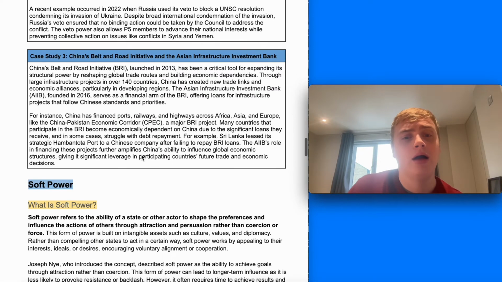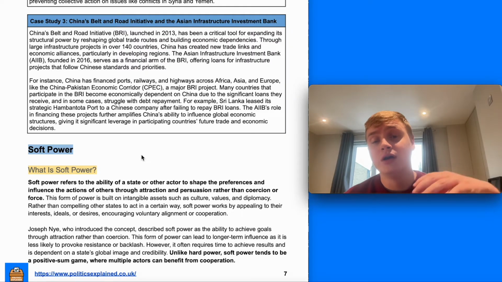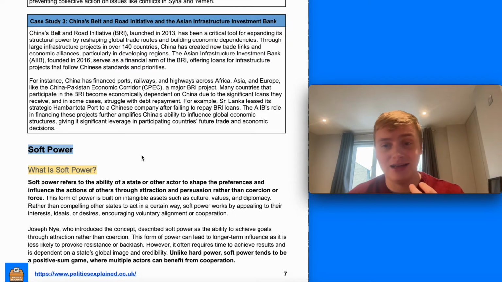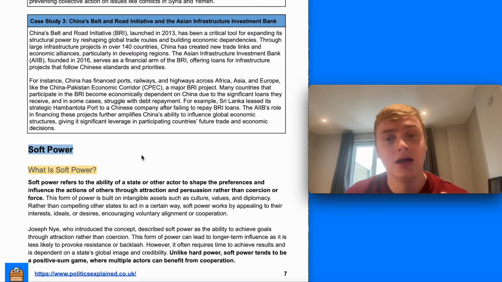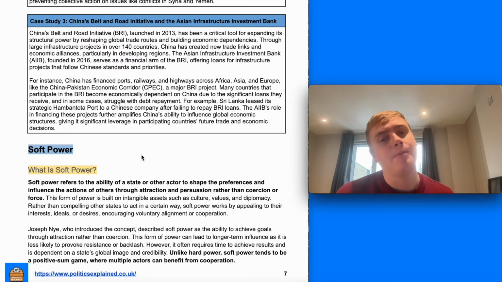But it's also giving them significant leverage within a country, because often they own a lot of these infrastructure projects, and particularly they've given the loans for them. If countries are struggling with the debt repayments, they can use owning those within a country as leverage to get, for example, favourable political aims from a country. For example, they might change to not recognise Taiwan as a nation state anymore.